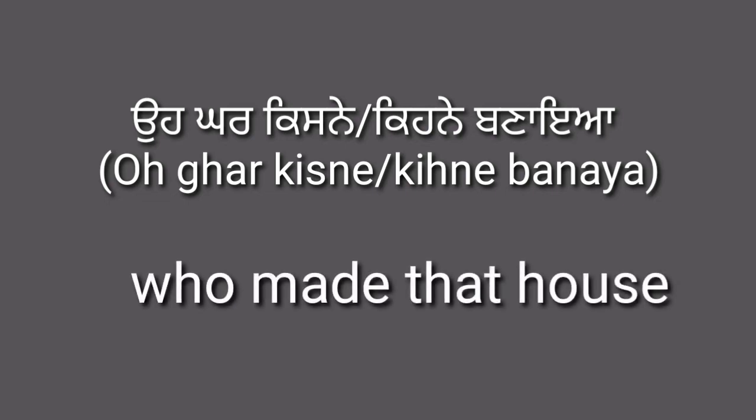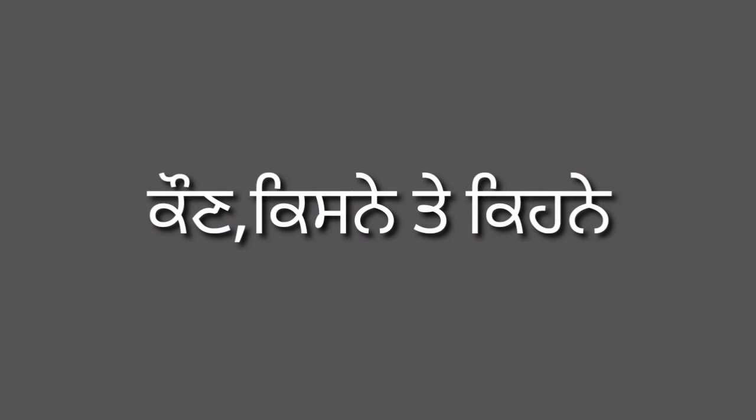Now we are also mentioning the activity; somebody did that activity and we're trying to find who did that. In that case, we would use kene or kesne. We won't use kaun in that case.